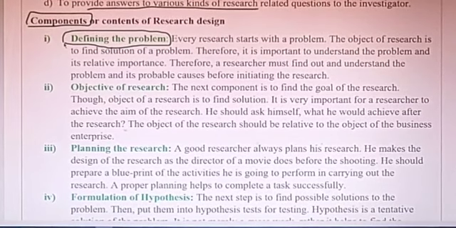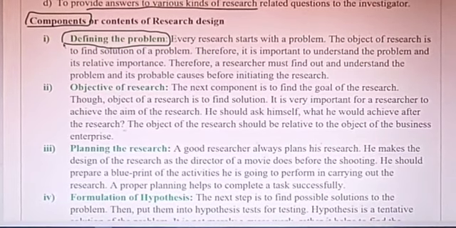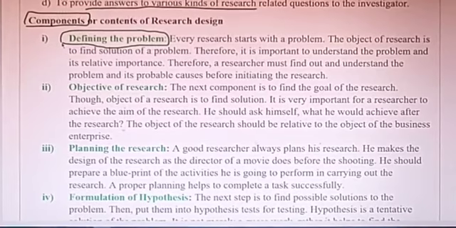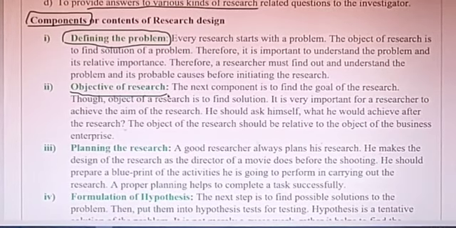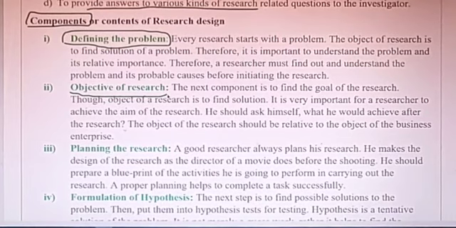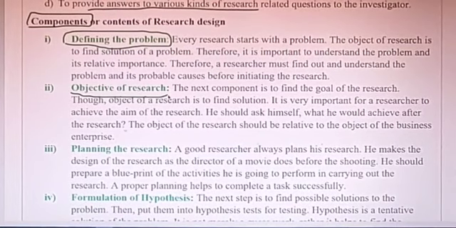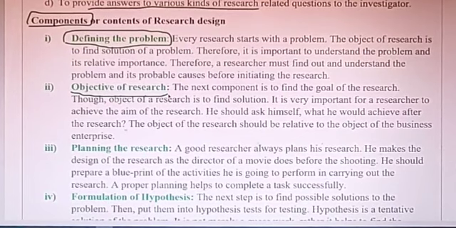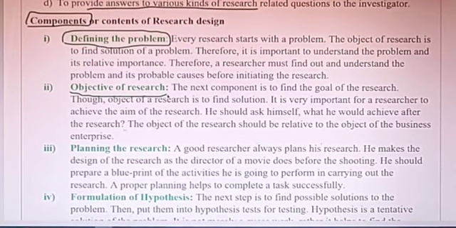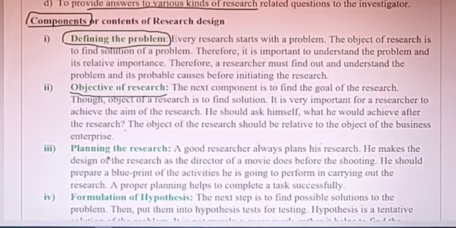So it is very important that we should define what is the problem all about, right? Then the second component is objective of the research, like why we are doing the research, what is the main objective, and how it commensurate with the objectives of the company, so that it should not be a void action. The objectives of the research should match with the objectives of the organization.